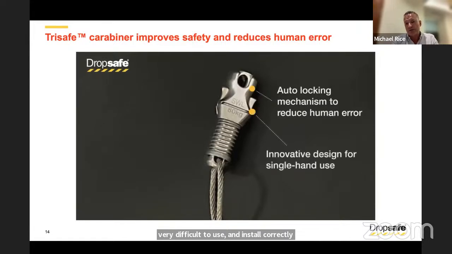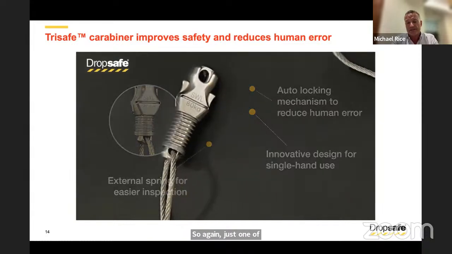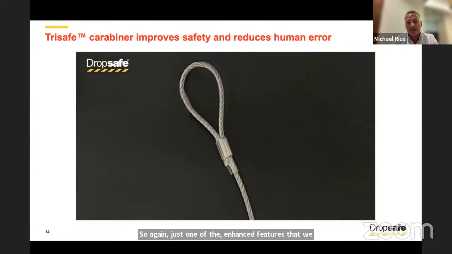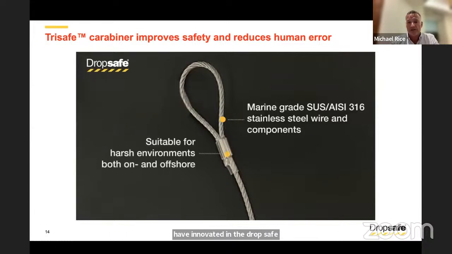So again, just one of the enhanced features that we have innovated in the Dropsafe systems to make them a much higher quality product and ultimately to reduce human error.